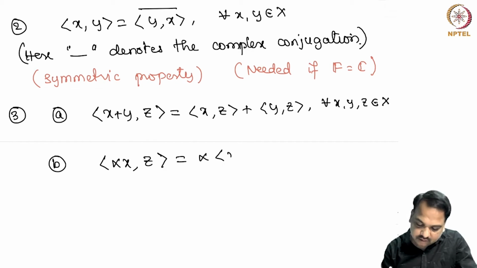This is alpha times the semi-inner product of x with z, for every x, z in X and for every alpha in the field F.